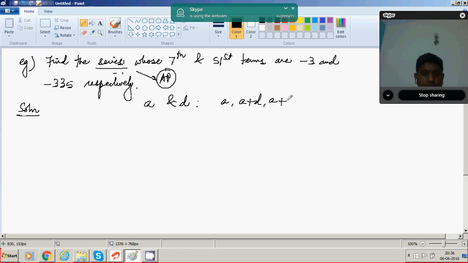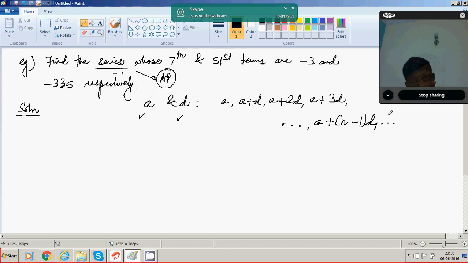A, A plus D, A plus 2D, and so on and so forth. Nth term is A plus N minus 1 D. So again we have to find two unknowns here. Come on, try it. 2 to 3 minutes for this.